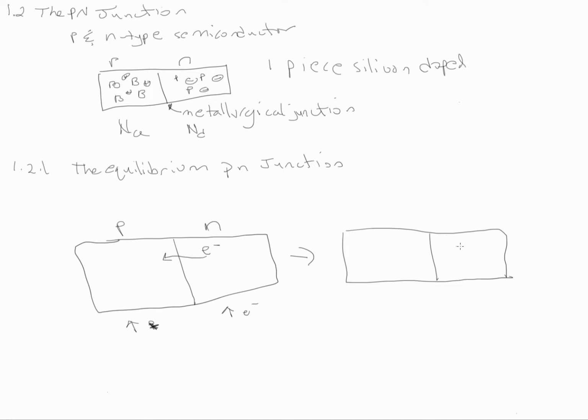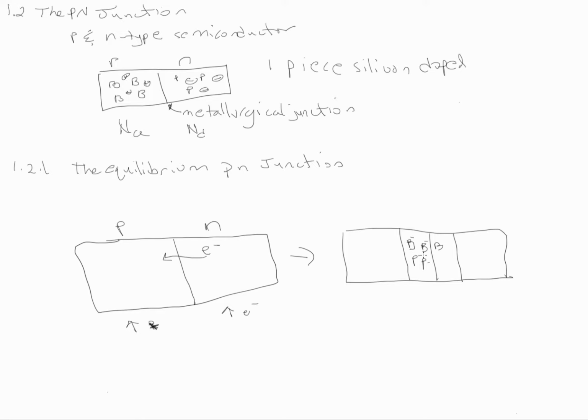And so after a while, what happens is that you develop what's called this depletion region, where you have all the phosphorus ions, and there's no holes around them. And oops, I got this backwards. Sorry.